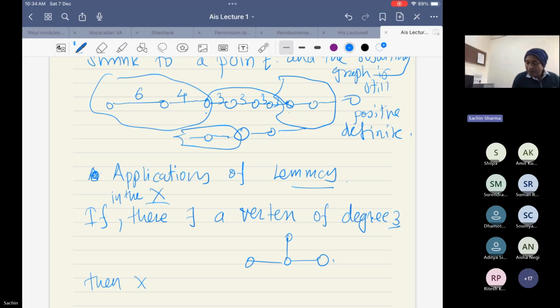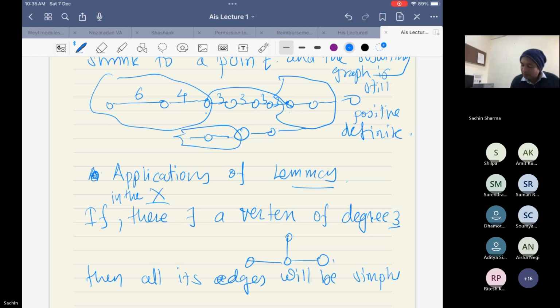So degree 3, then all its edges will be simply laced, of this type.